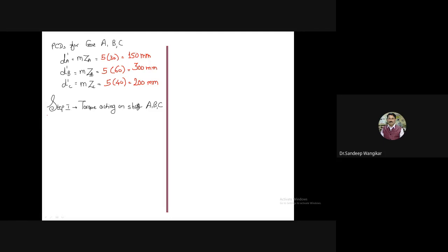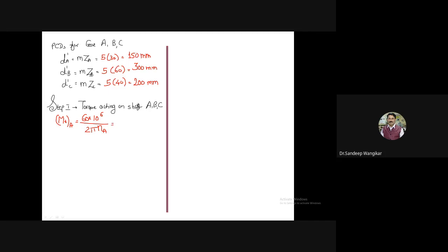Now step number 1, we have to calculate the torque acting on shaft A, B, C. So I will say torque acting on A is equal to, we have the formula, 60 into 10 raised to 6 divided by 2 pi NA.